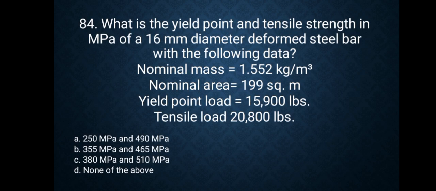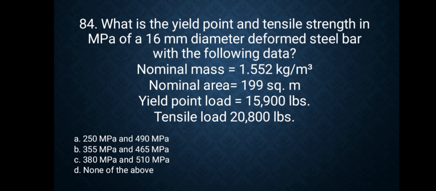So number 84. What is the yield point and tensile strength in MPa of a 16 millimeter diameter deformed steel bar with the following data? So ang kanya nominal mass is mayon 1.552 kilogram per meter. Ang nominal area man mayon 199 square millimeter.